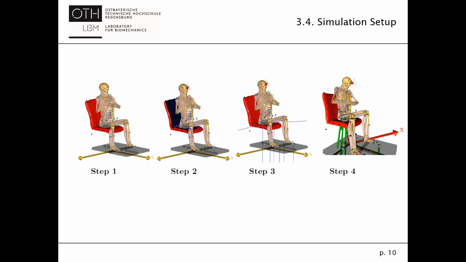The IMU is the red sphere on the forehead. Then in step number 3, we compute initial ground reaction forces, and in step number 4 the muscle forces are computed. You can see a red coordinate system. This is the reference system for the IMUs, as they do not refer to the global reference system.